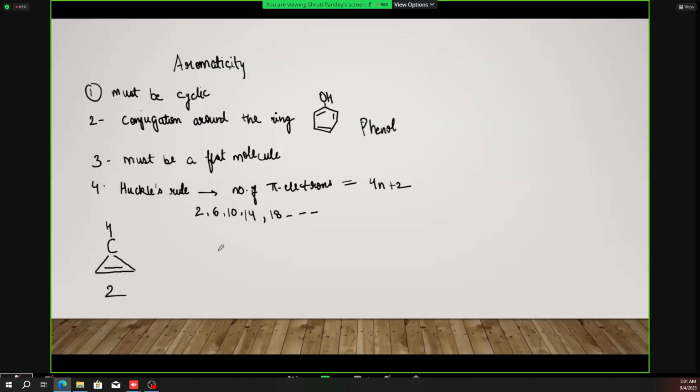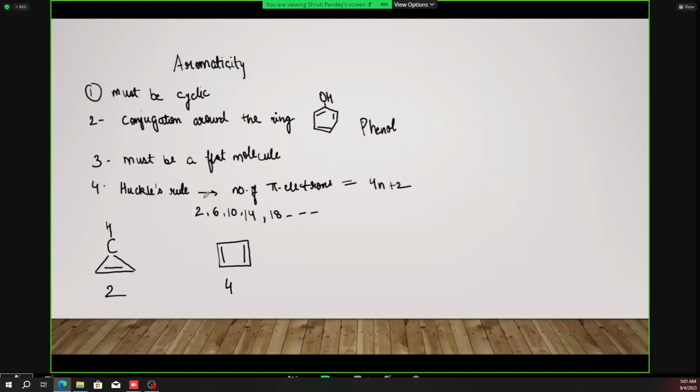Then talking about another example, this is the cyclic compound with 4 carbon atoms, and here we have 2 double bonds. If 1 pi bond means 2 electrons, then here are 2 bonds, that means the number of electrons is 4. It is a cyclic compound, it is a flat molecule, and it has alternate double and single bonds.